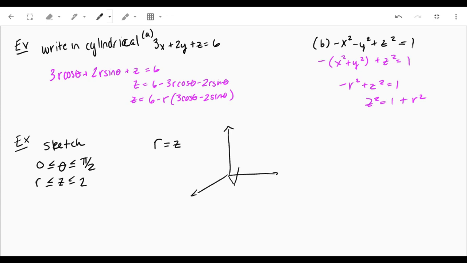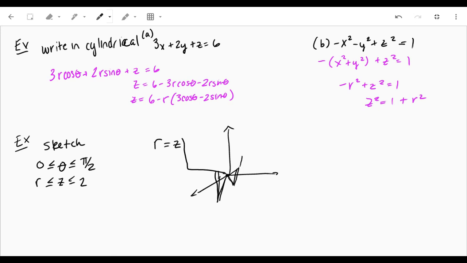Think about that for a second. However far out I go from the origin, if I'm at the origin, it's 0. But if I go out 2, I go up 2. If I go out 4, I go up 4. If I go out 6, I go up 6. Think about that for a second.